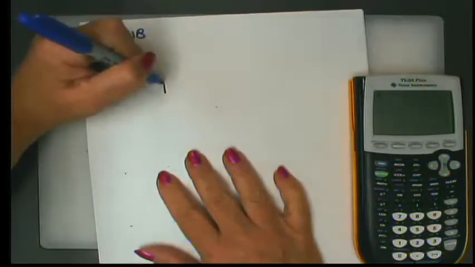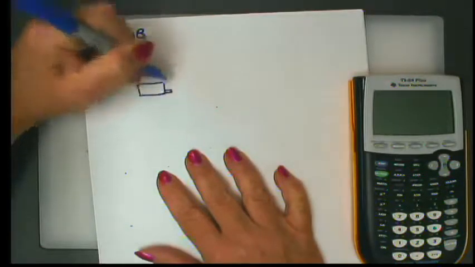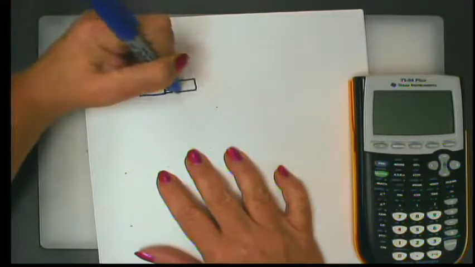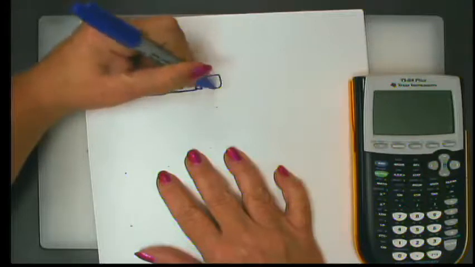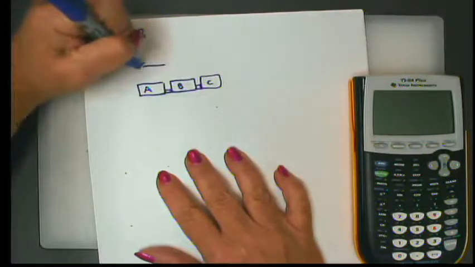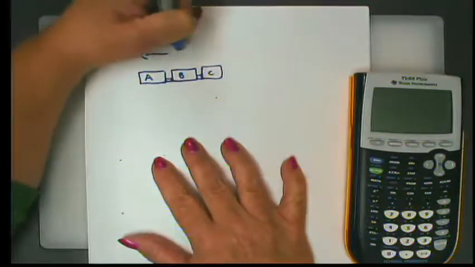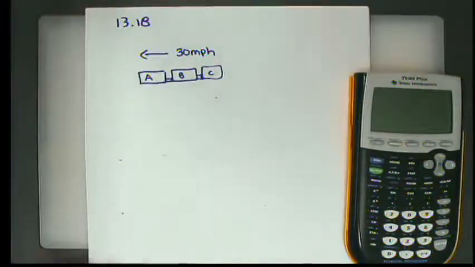All right, so here's what we have. We have car A, coupling, car B, coupling, and car C. The train is moving in this direction, and our speed is 30 miles per hour, which we're probably going to want to change into feet per second. Maybe not, but I'm thinking it's a safe bet.